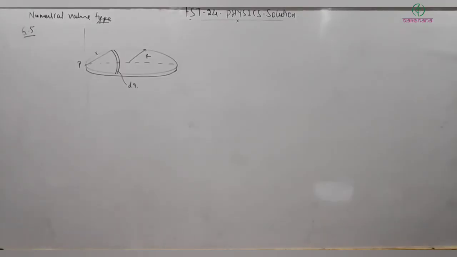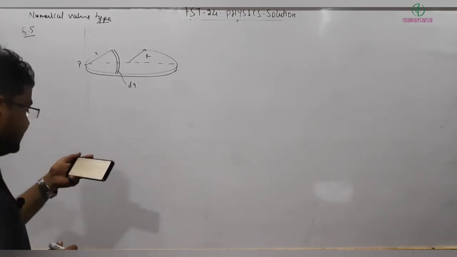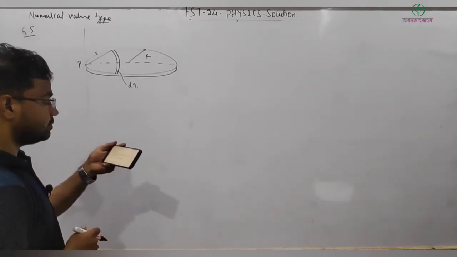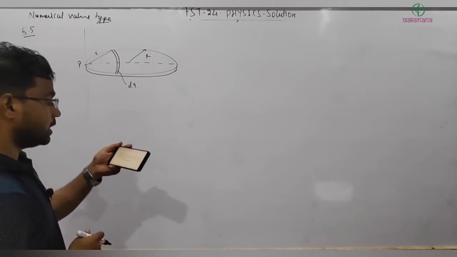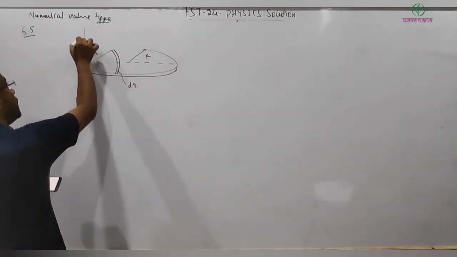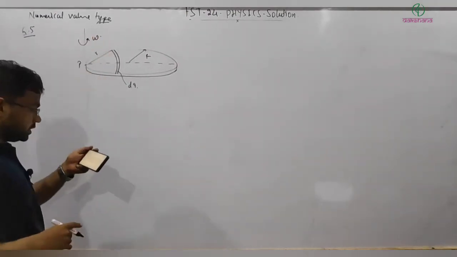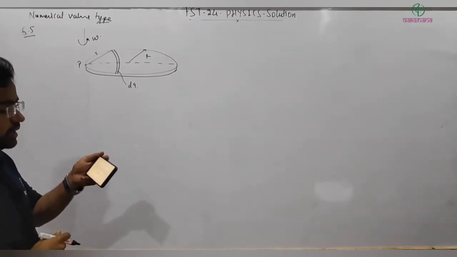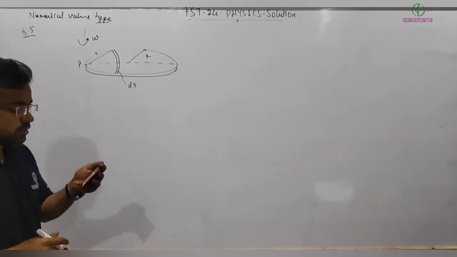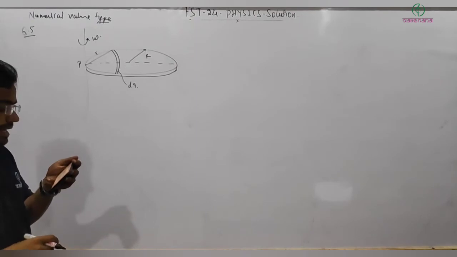So here it's given a non-conducting thin disc of radius r, charged uniformly over one side, rotated uniformly with an angular speed omega about an axis passing through its periphery at point P and perpendicular to its plane.